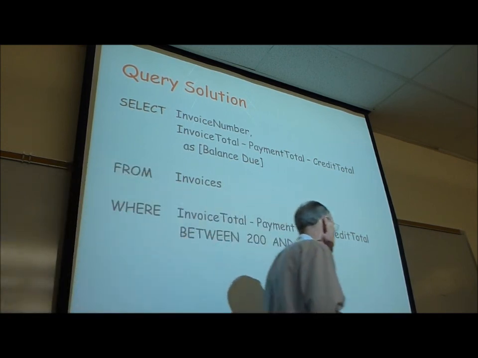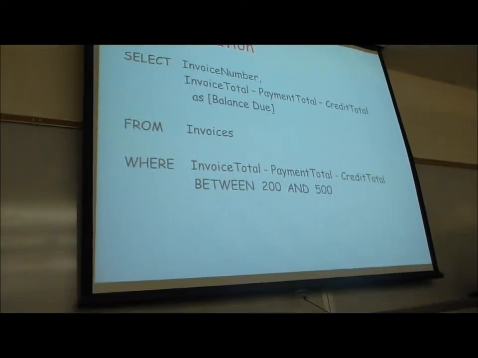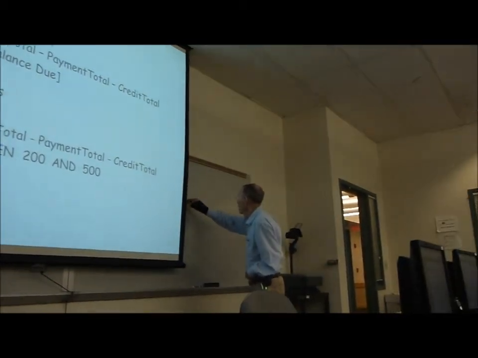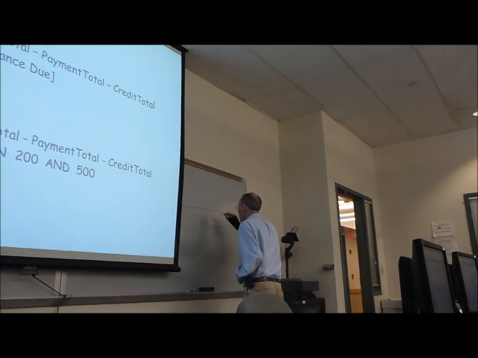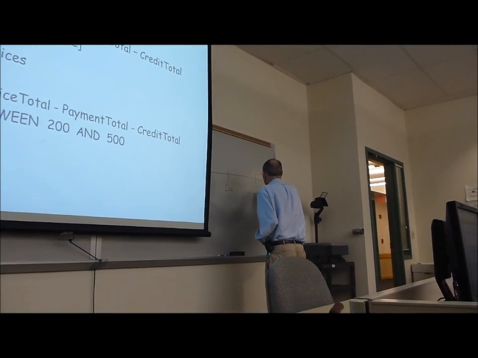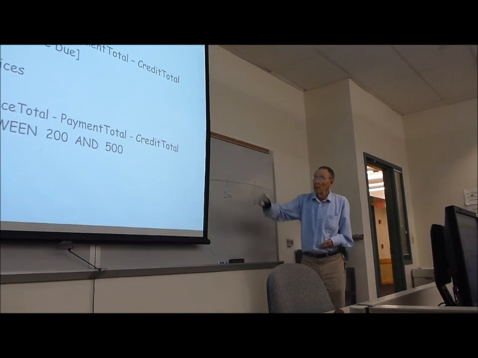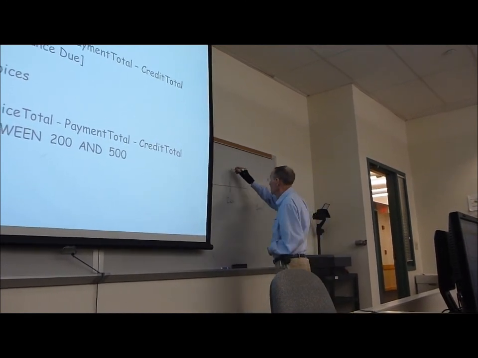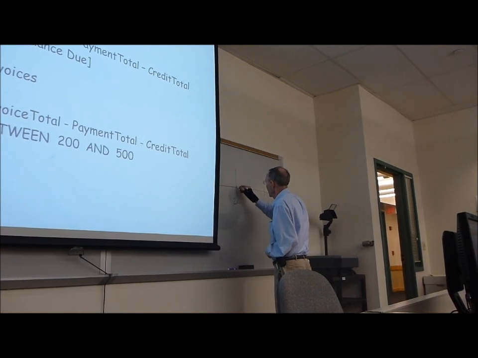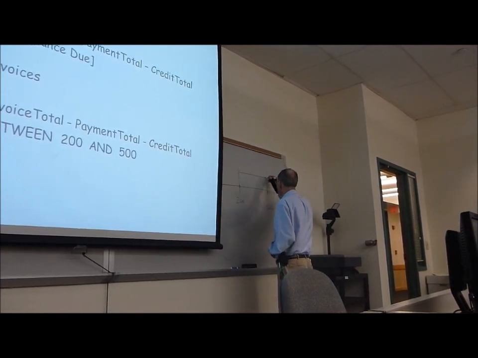Okay, the way to look at that is look at a list of all of your balance dues on a number line. And I've got 200 and 500. Between means that point and that point inclusive.